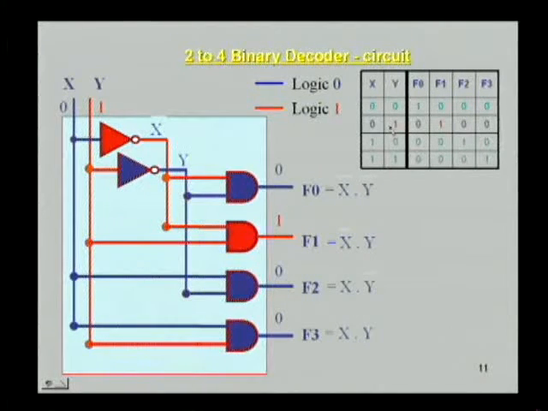Hence for 0 1 input combination, the output will be 0 1 0 0. Now we see what happens if X equal to 1 and Y equal to 0.